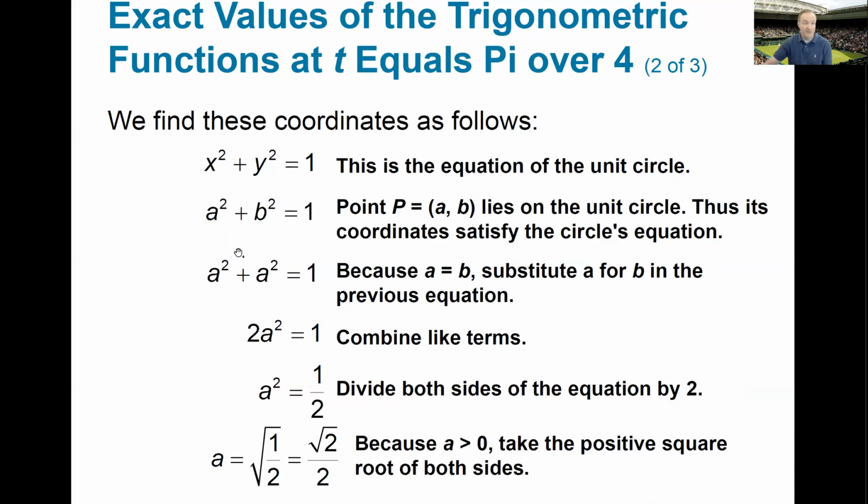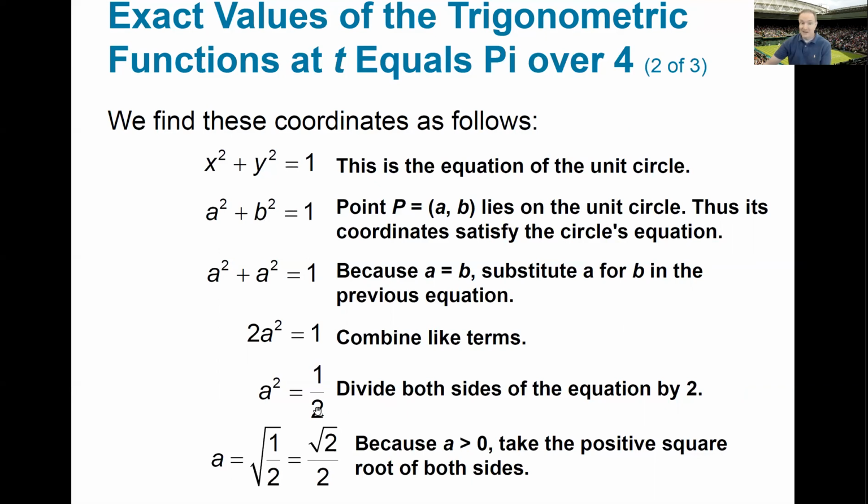If you know that it splits a quadrant, then the x and the y value, the a and the b in this example, would be the exact same thing. So instead of saying a squared plus b squared is c squared, you can just say a squared plus a squared, because you're going over and you're going up the exact same amount. So you might as well say 2a squared. Well, then that gives me a squared is equal to 1/2.